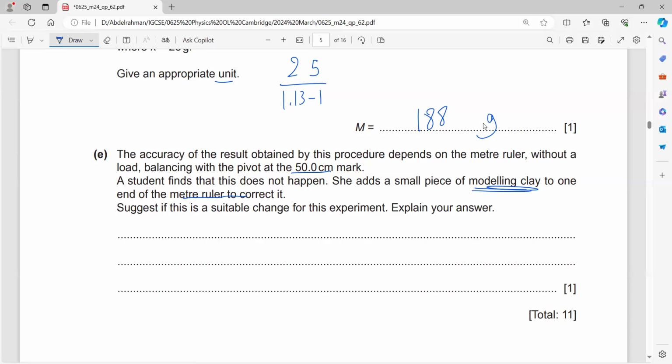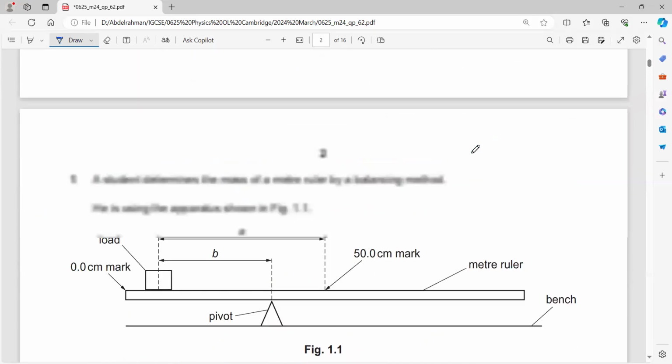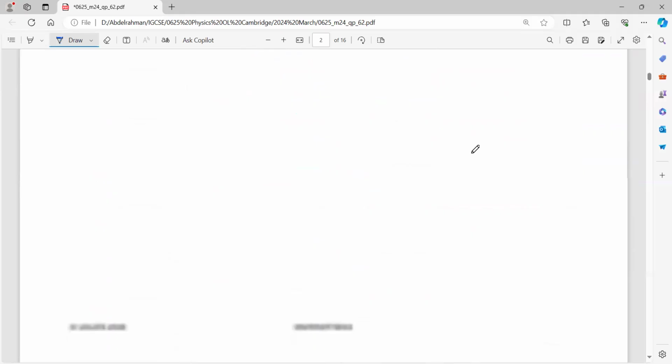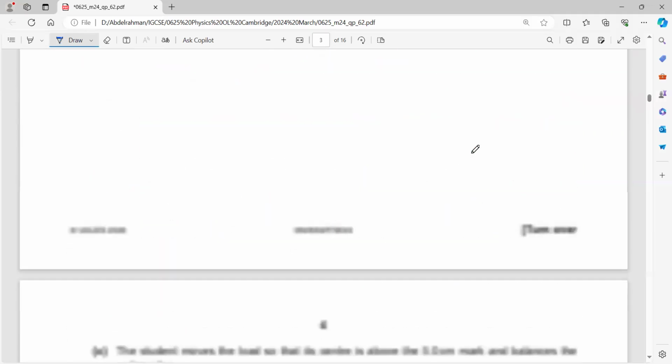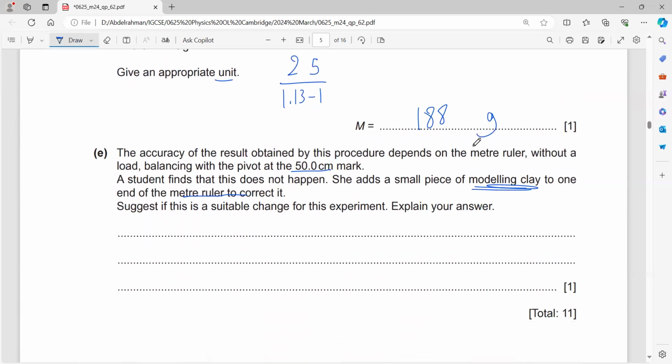Again, this experiment, what did we do in this experiment? Why were we initially conducting this experiment? The student determines the mass of the meter ruler. So in this experiment, she actually wants to find out the mass of the meter ruler. And by finding the mass of the meter ruler, she ends up adding a small piece of modeling clay on one end of the meter ruler.